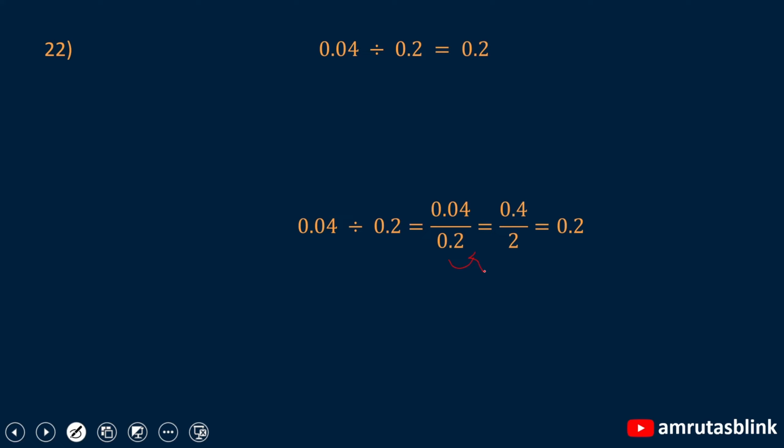Now 0.04 into 10 is equal to 0.4 and 0.2 into 10 is equal to 2. So we have 0.4 divided by 2, that is equal to 0.2, and in the given statement also it is 0.2 only. Hence the given statement, that is 0.04 divided by 0.2 is equal to 0.2, is correct, that is, it is a true statement.